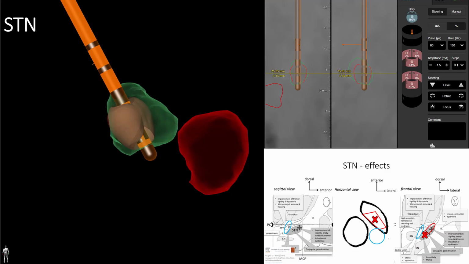In the STN, I believe that it will have the best effect and least side effects if we focus the field of stimulation within the red area seen here in the two-dimensional images, and do not let the field of stimulation stretch too much outside the borders of the STN. With that said, we should not be afraid to try stimulation fields transgressing these borders in the horizontal plane.